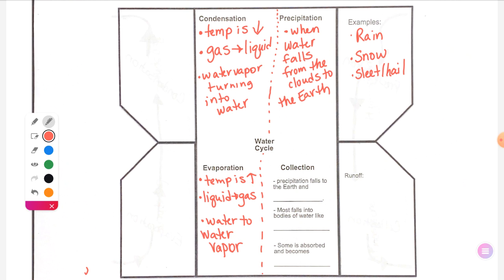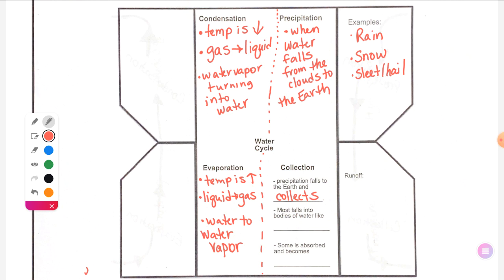Collection. We're just going to fill in the blanks here. I tried to lead you. Precipitation falls to the earth, and what does it do when it falls to the earth? It collects. Okay, it collects in puddles, it collects in rivers, it collects in oceans.